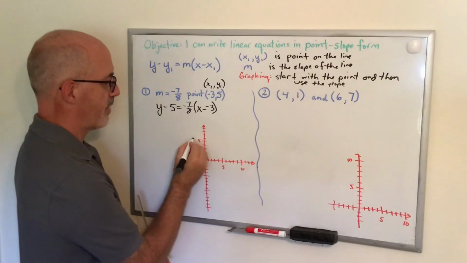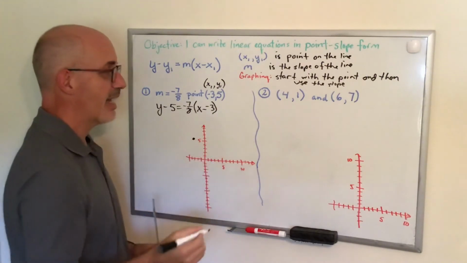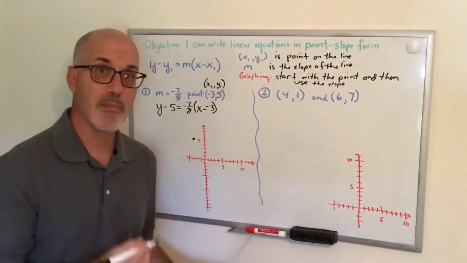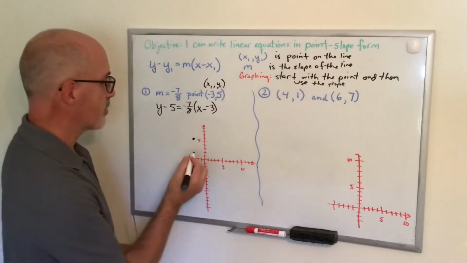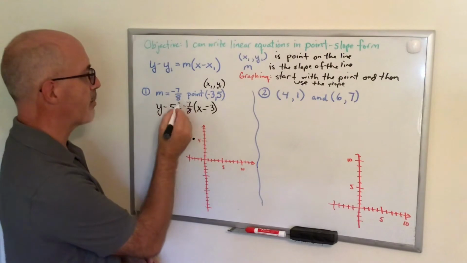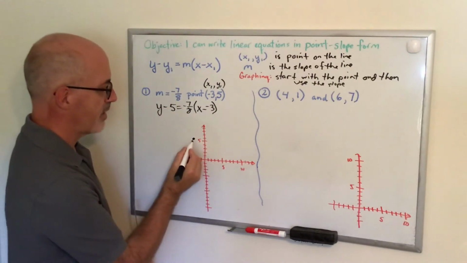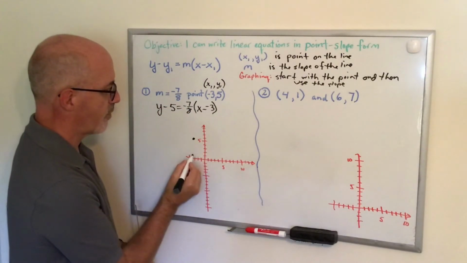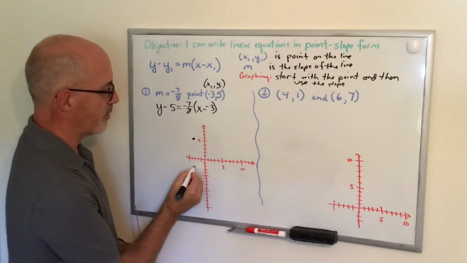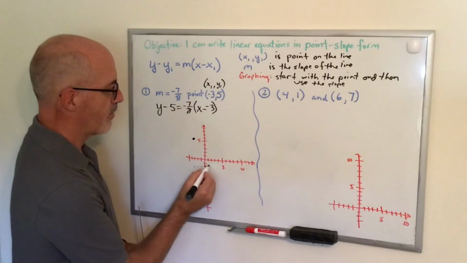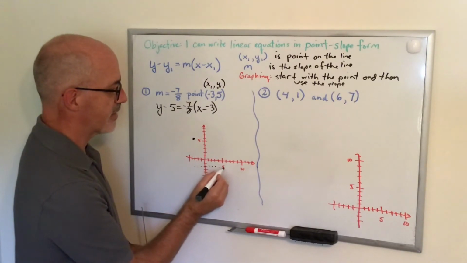There's my point. And now you just have to do the slope from that point rather than from the y-intercept, which we're used to. So I'm going to do my slope of negative 7 over 8: down 1, 2, 3, 4, 5, 6, 7, and then over 8 units: 1, 2, 3, 4, 5, 6, 7, 8.